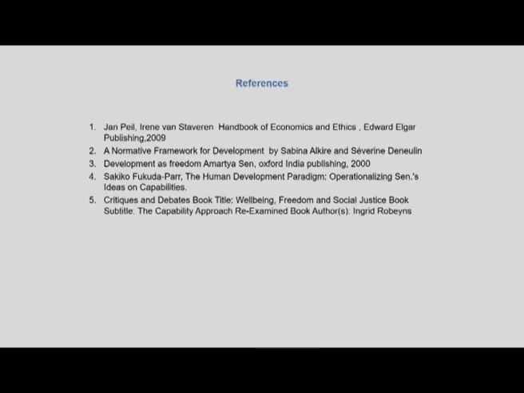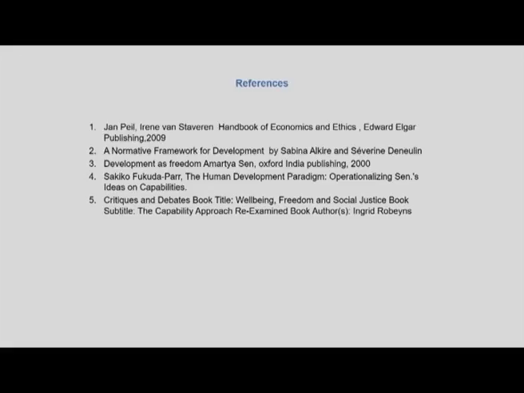Successful development can take place only when capabilities have been improved, and when the opportunities of being able to secure freedoms by the individuals have been secured, and that is where a working list of central human capabilities has been worked out by Professor Martha Nussbaum. These are some of the references which I have used to make comparison and contrast between the capabilities approach, the BNA and the utilitarian approach.